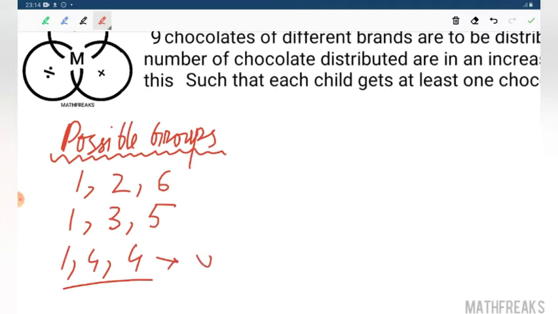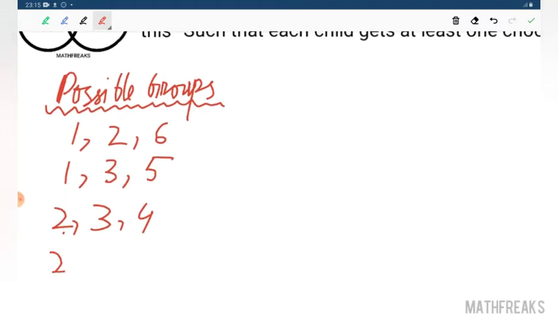This is not possible because the number of chocolates are in an increasing order. It's given. So now let the group start with 2 chocolates, 2 3 4. So these are the possible groups. These are the 3 possible groups, because if we go further, 2 3 5, this is not possible.